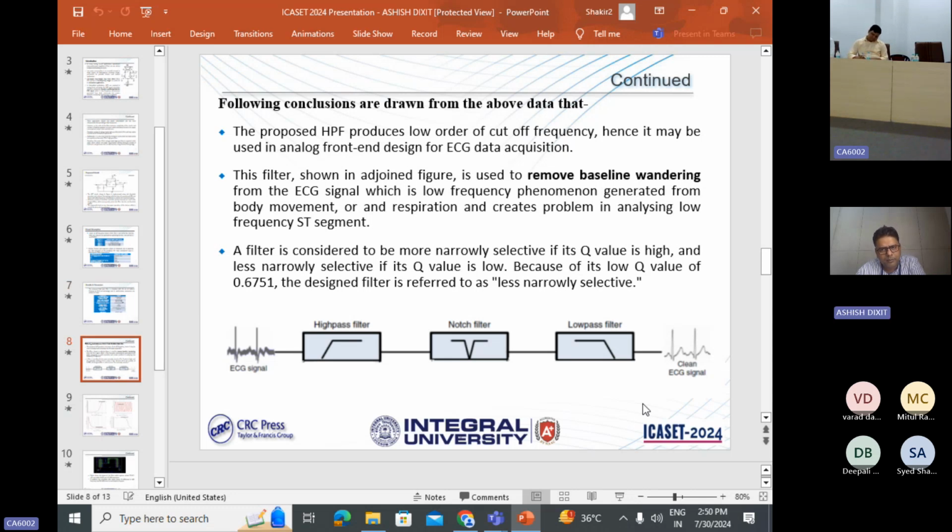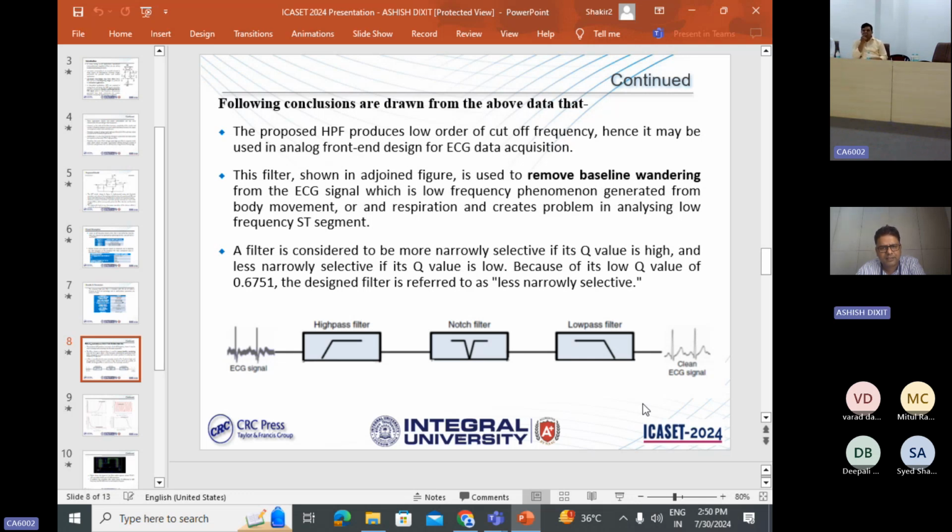From the above proposed circuit, which acts as a high pass filter, the proposed high pass circuit produces a low cutoff frequency, hence it may be used in analog front-end design for ECG data acquisition. This filter, shown in the figure, is used to remove baseline wandering from the ECG signal, which is a low frequency phenomenon generated from body movement or respiration, and creates problems in analyzing low frequency signals.